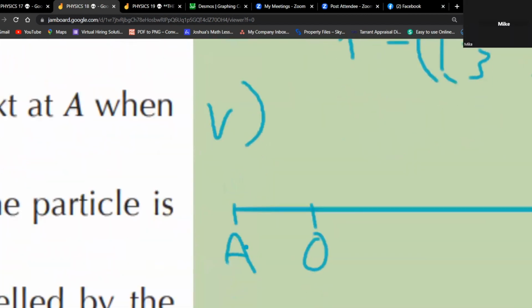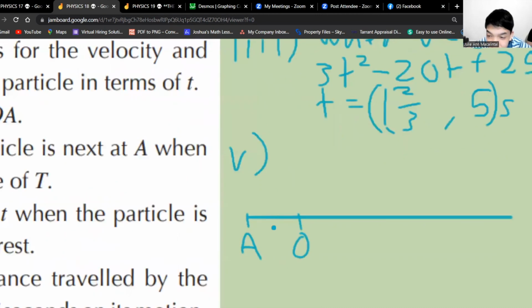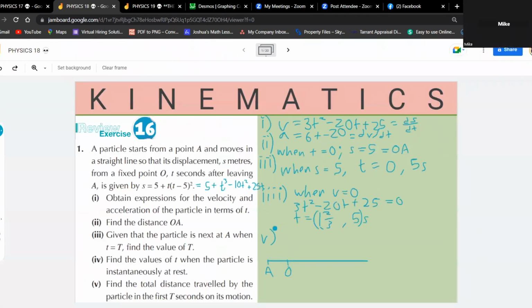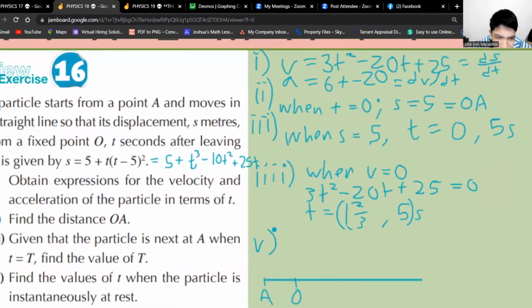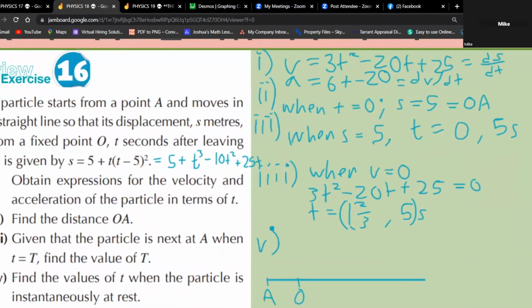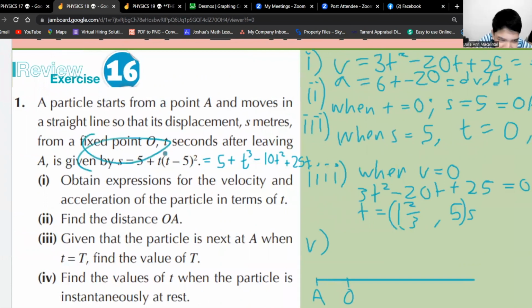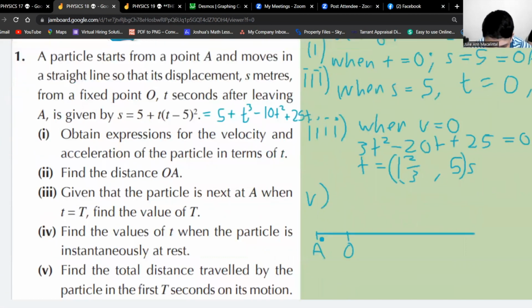And then where is the particle at the start? At A. So what is the value of S? 0? No, look. From a fixed point O, it starts from A, but the displacement starts from O. Okay, so this is -5.